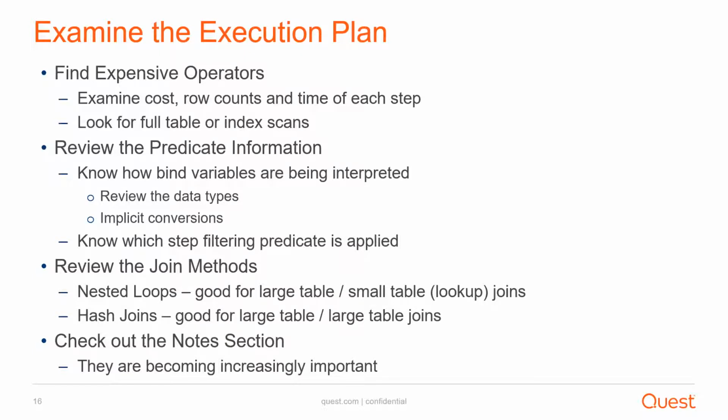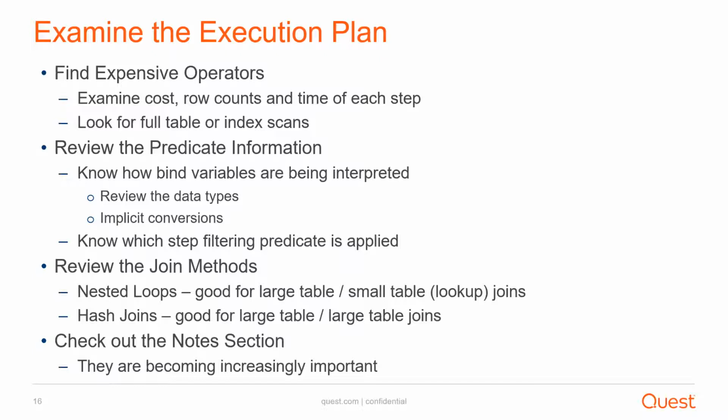Review the predicate information, know how the bind variables are being interpreted, review the data types, and be careful of implicit conversions because they are very CPU intensive. And typically databases shouldn't be CPU intensive. Usually if they are, they're doing a lot of logical reads or they're having to do implicit conversions.